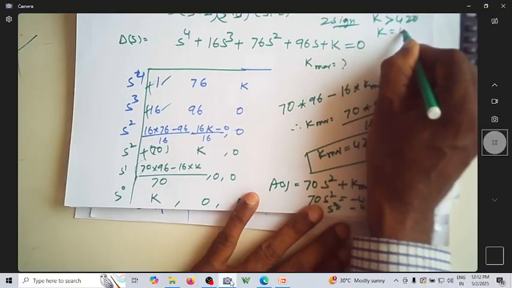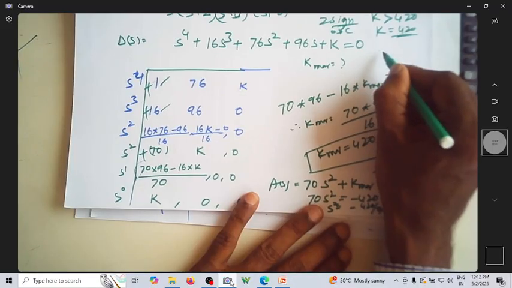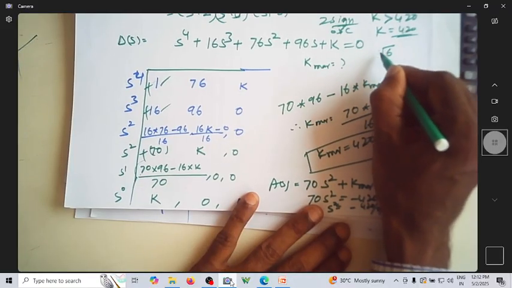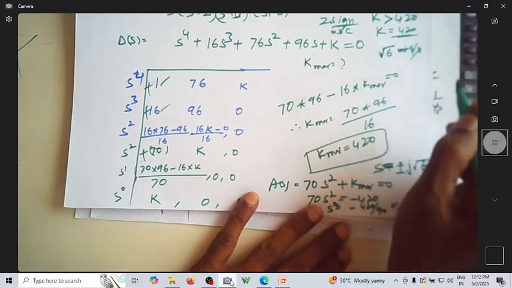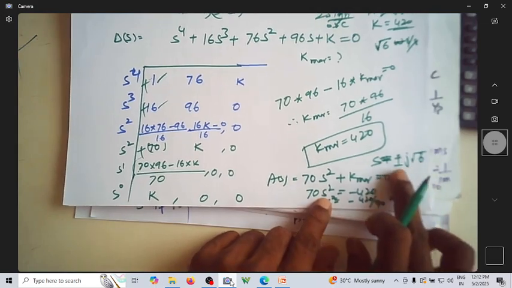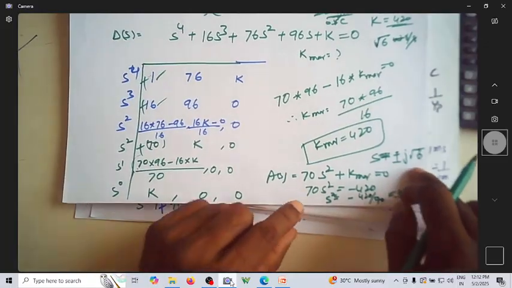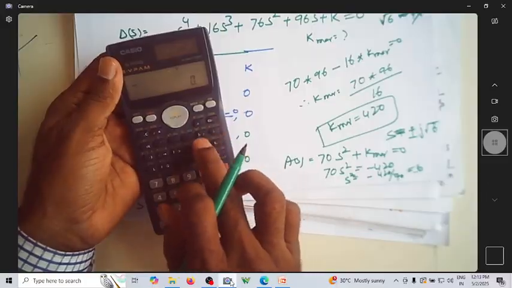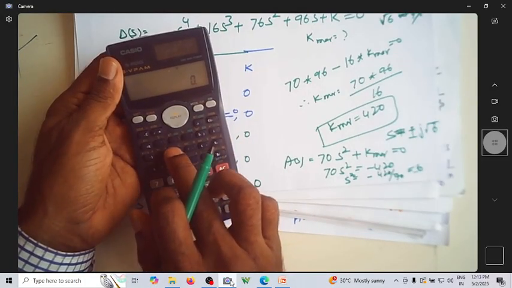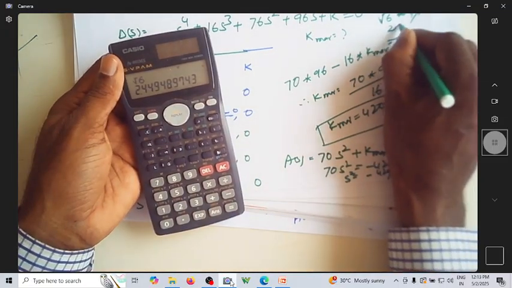If K is equal to 420, the system is oscillatory at a frequency of root 6 radian per second. So S square is minus 6, where S will become plus or minus j root 6. Root of 6 is 2.44 radian per second.